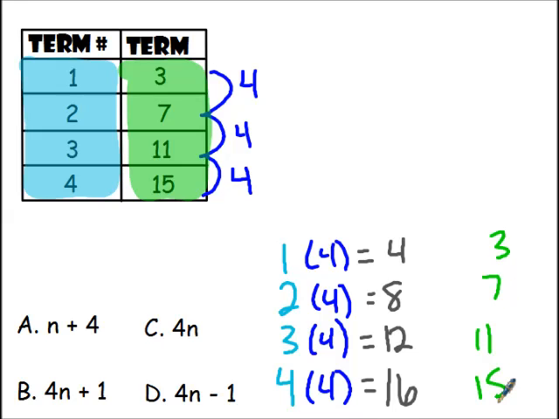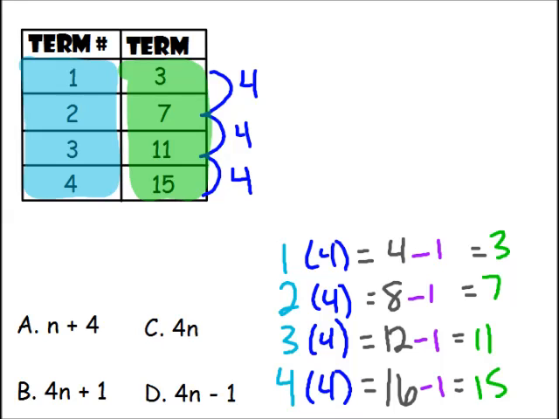What do I still need to do to get it? Am I going to add or subtract? I need to go down, so I'll be subtracting, and from 4 to 3, I need to subtract 1. From 8 to 7, subtract 1. From 12 to 11, subtract 1. And from 16 to 15, I'll subtract 1.